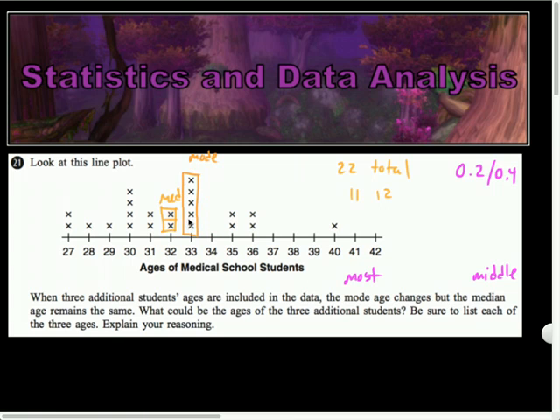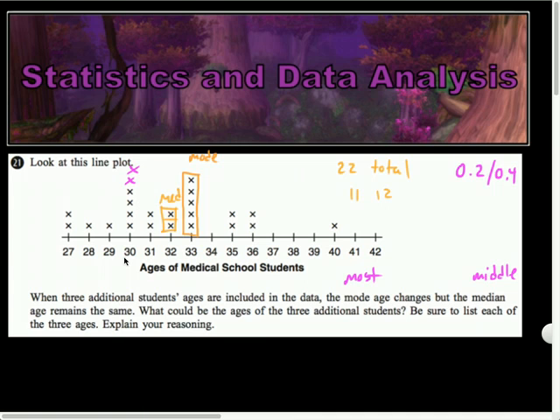I suppose that's a possibility, but the only way I can, using only 3 students, get a new mode, is to add to my second highest stack enough to surpass that one. Because if it ends up being the same height, this ends up being bimodal, where it's a tie between 2 modes. So 2 of the students would have to be there.